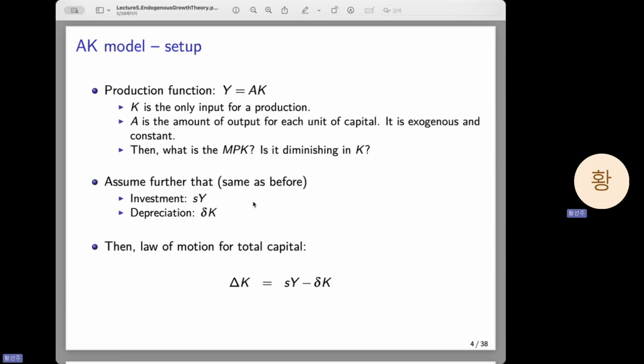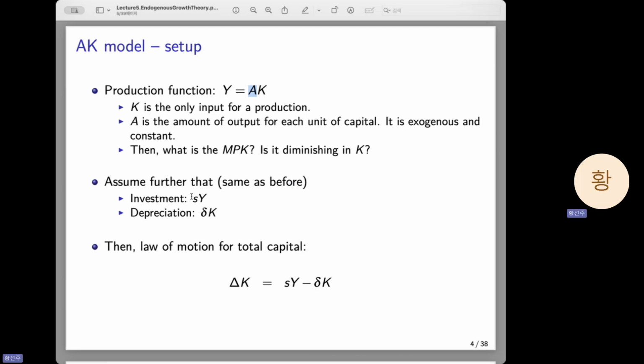This production function is defined as output equals A times K. Here K is the only input, capital, and A is a constant productivity parameter. So the marginal product of capital is simply A. It is constant, it has a positive value, and it is not diminishing.